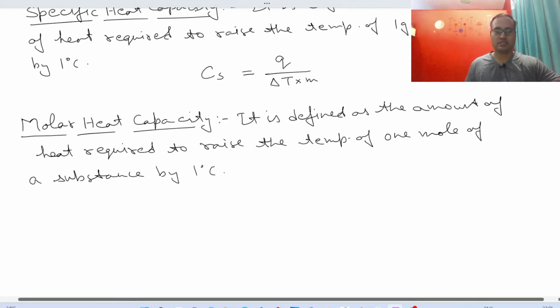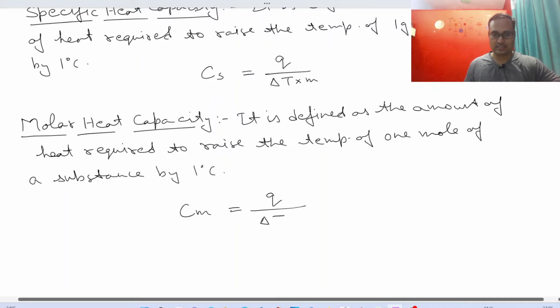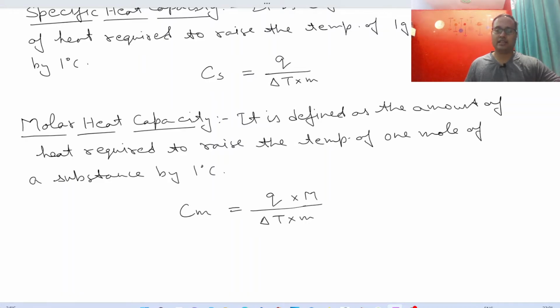It is represented by the symbol Cm and can be given as Q upon delta T into M, where capital M represents the atomic mass or molar mass of that substance, and small m is the amount of substance.